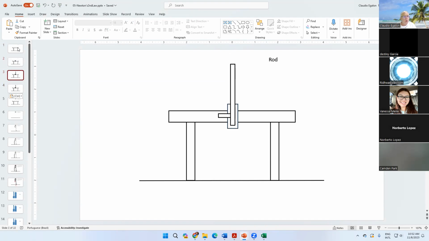We put a clamp on the table. We have this clamp there at the college, okay? And then we get a rod. This rod is going to support our pulley. I'm going to move this a little bit to the left.